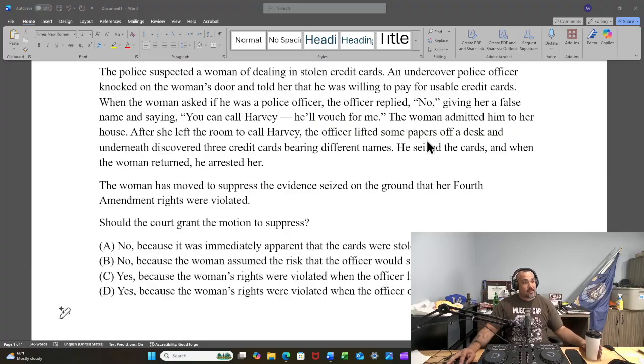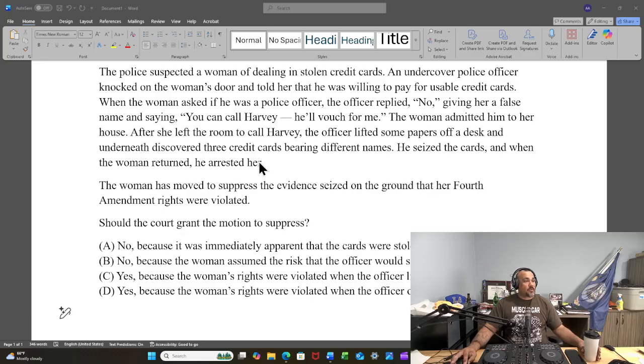And so then the officer starts looking around, and it says here the officer lifted some papers off of a desk and underneath discovered 3 credit cards bearing different names. So clearly he lifts some papers up and he notices that, hey, these are stolen credit cards, right?